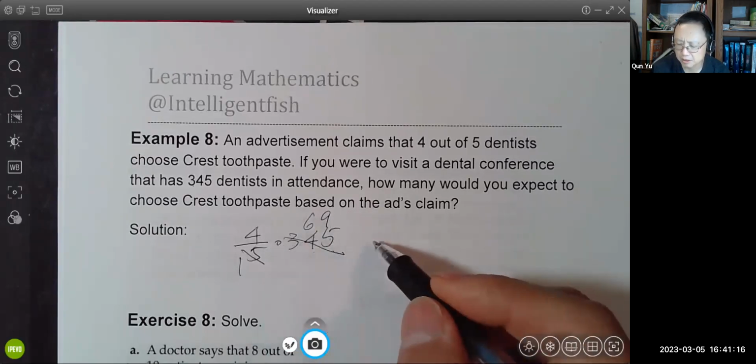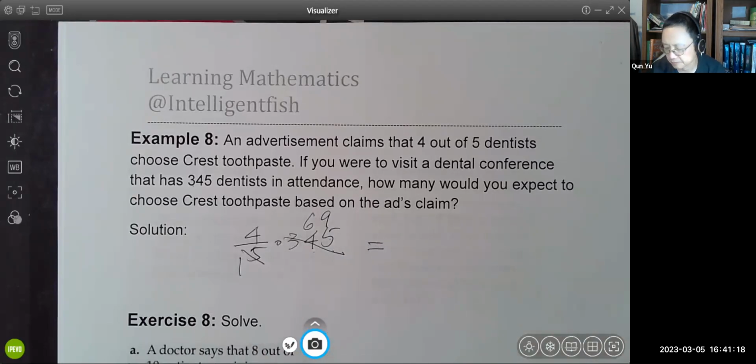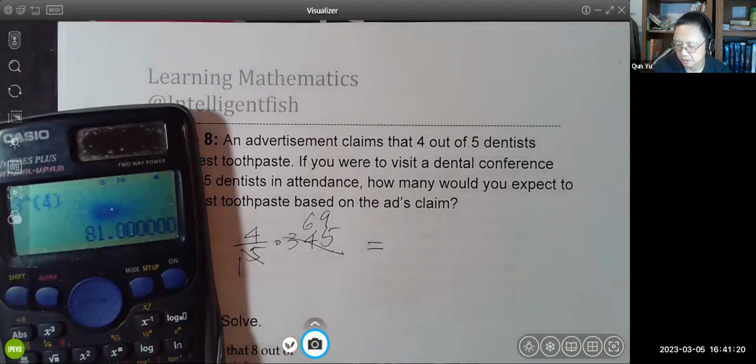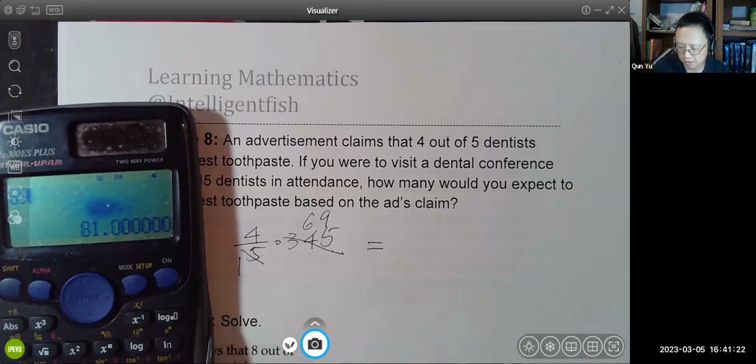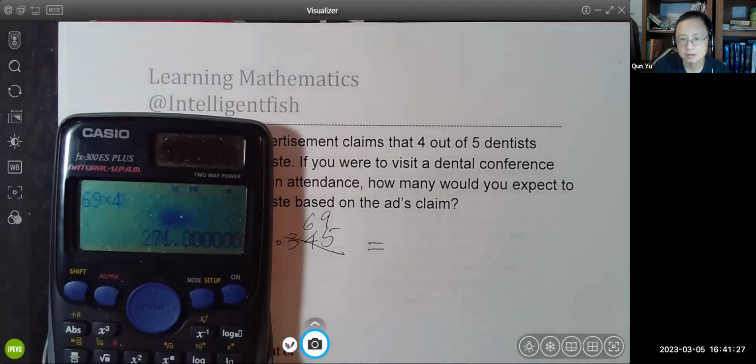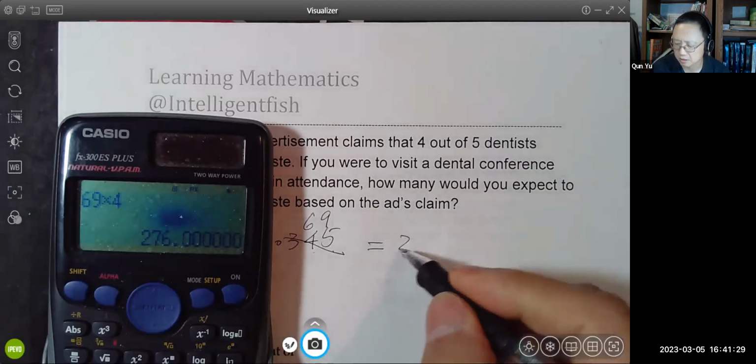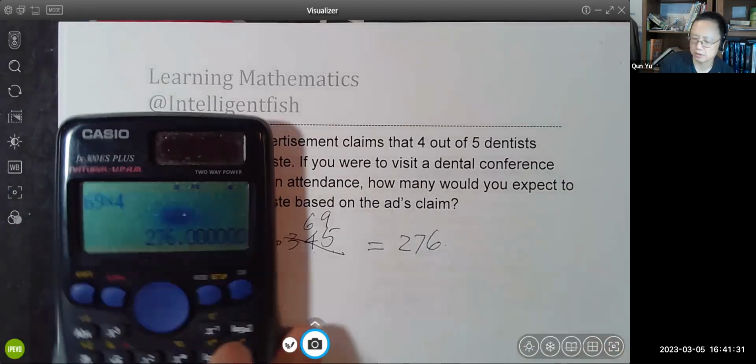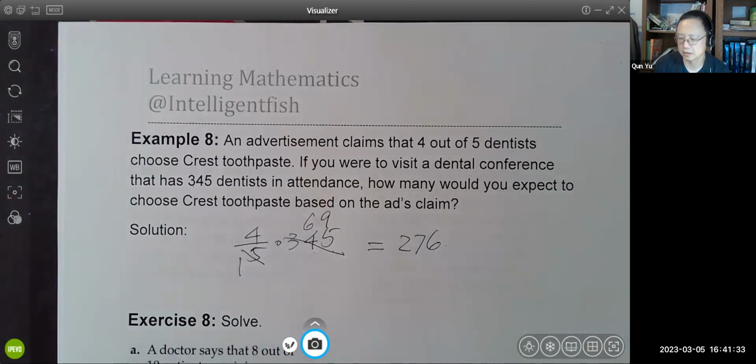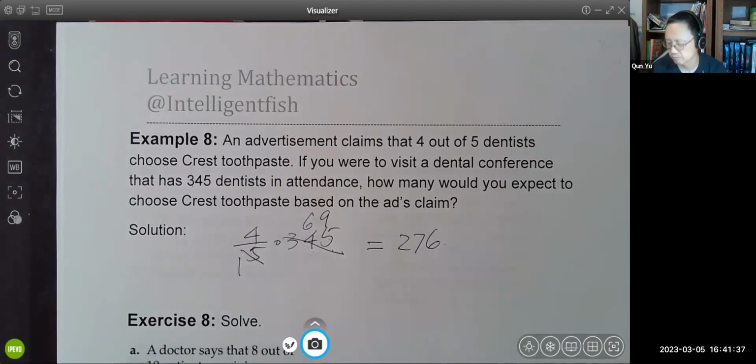And 69 times 4 equals 276. So you can expect 276 dentists at the conference will choose Crest toothpaste.